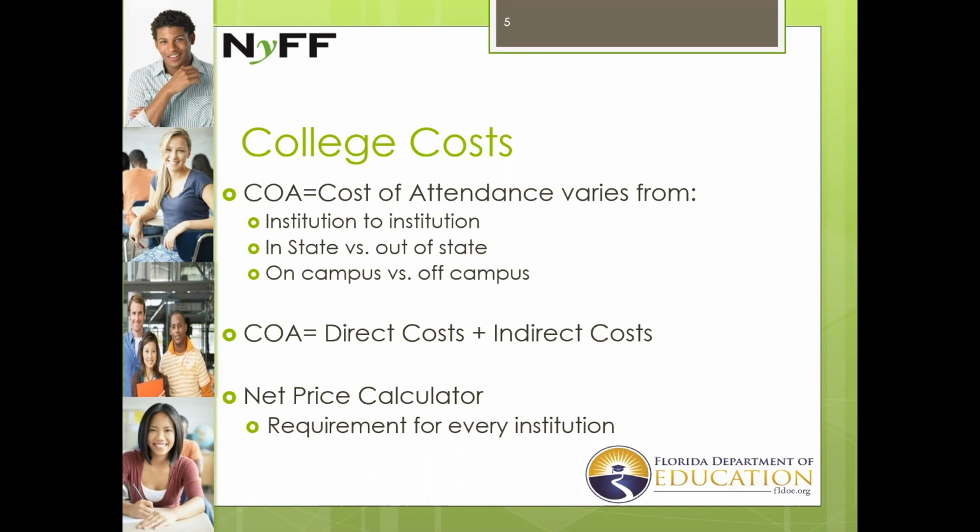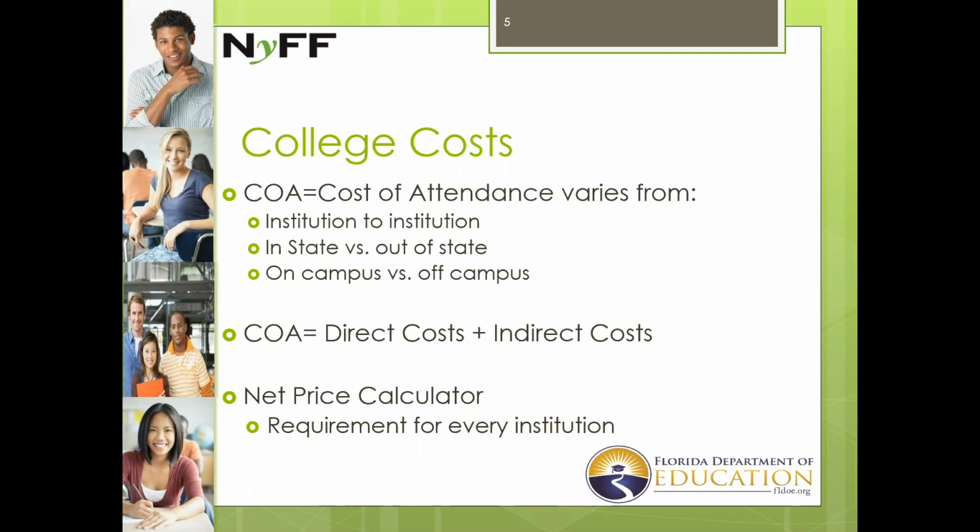And it differs if you are living on campus in the dorm or if you're living off campus. So all of these factors and all of these costs are averaged out and put into the total amount that you see in the cost of attendance. So your sticker price is not going to be the same as the cost of attendance figure.